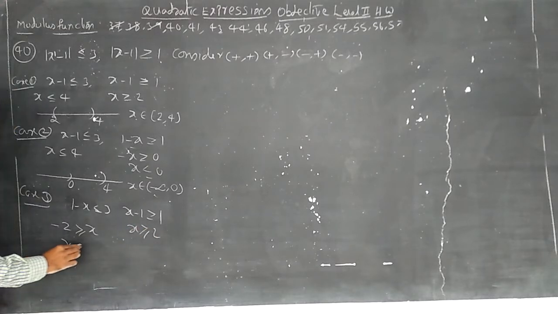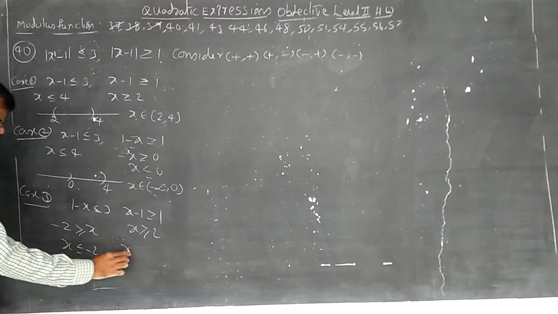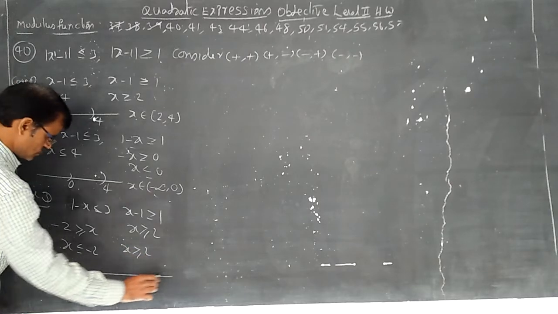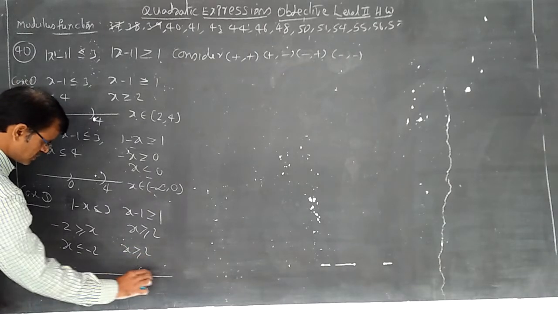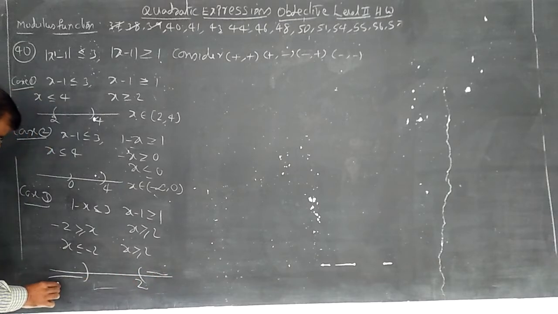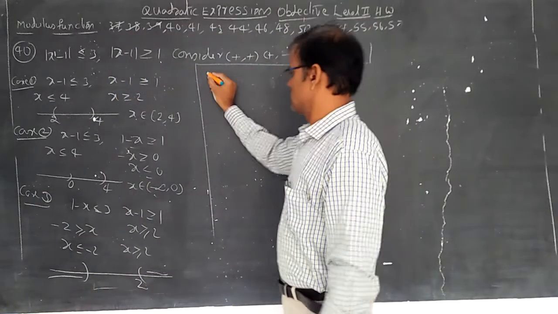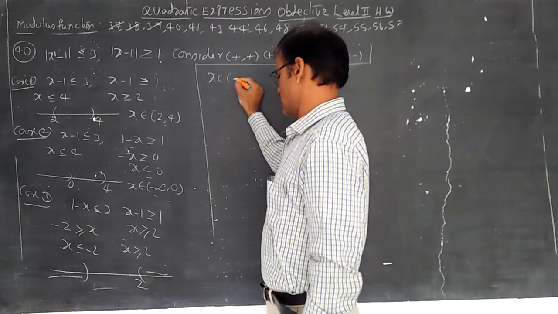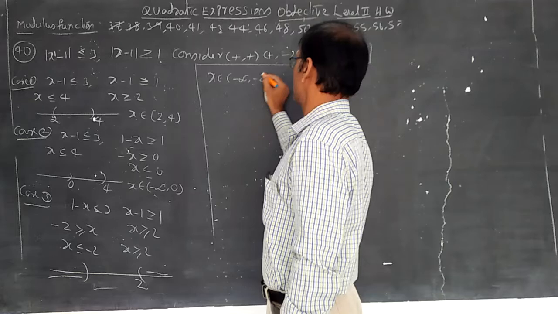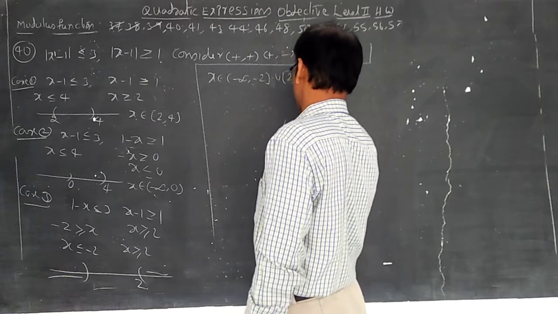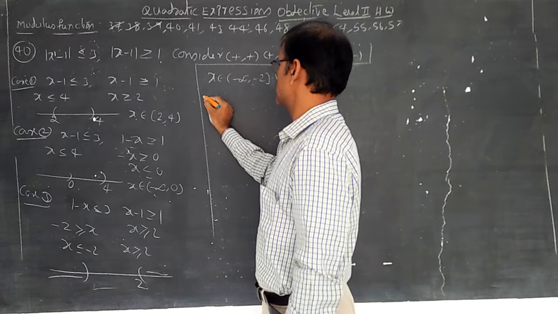So x less than or equal to minus 2 and x greater than or equal to 2. So x belongs to minus infinity comma minus 2 union closed, union 2 comma infinity. Next, case 4.